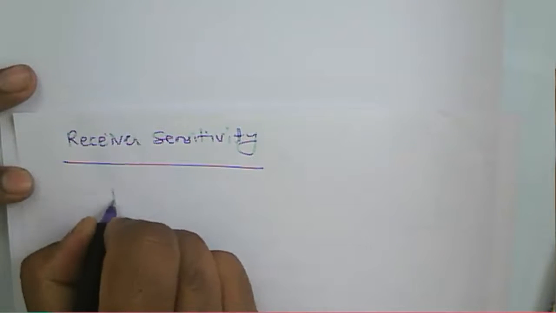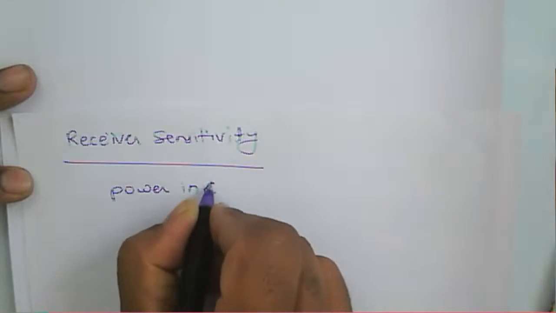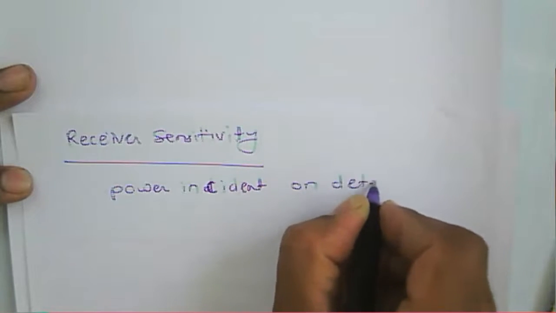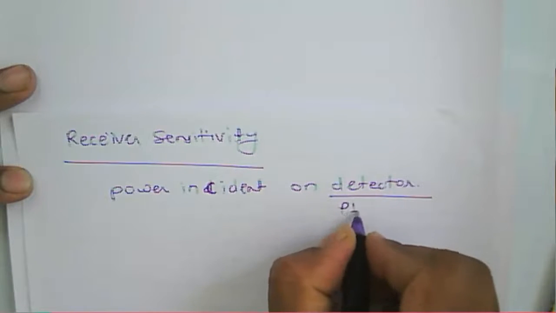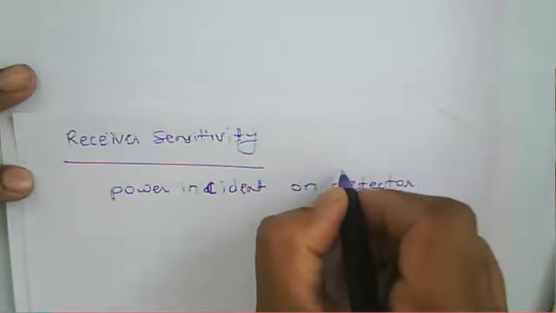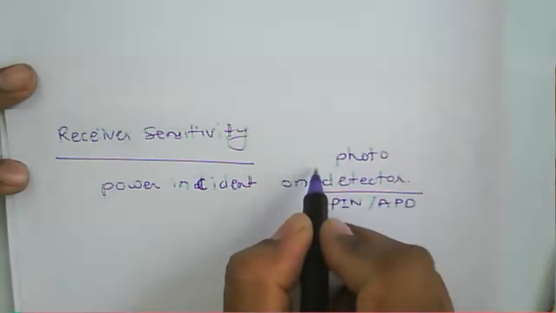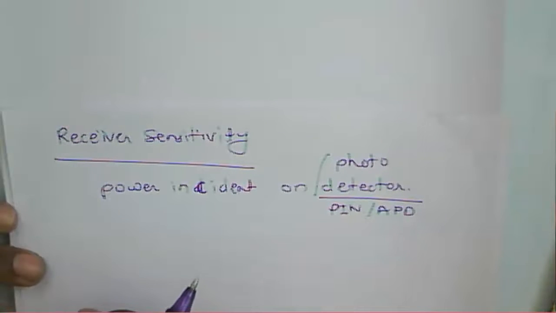Means we can say that power incident on the detector. So the detector is what? A PIN or an APD. That is a photo detector. So it is the incident power on this photo detector.